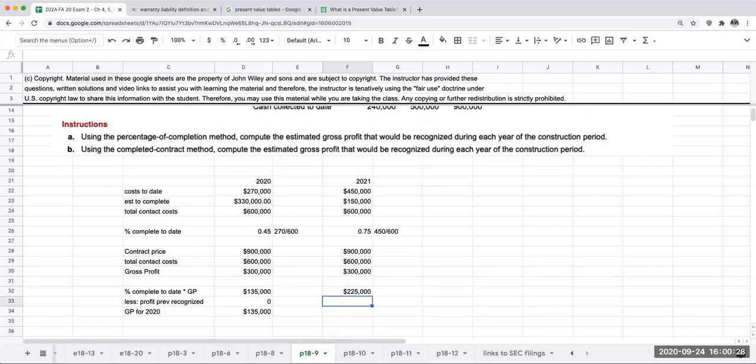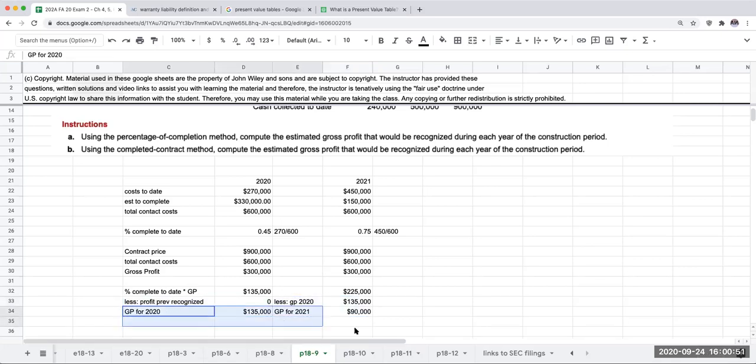However, I recognized profit last year. So over here, I'm going to say less gross profit from 2020. The amount I recognized previously was 135. So my gross profit for 2021 is going to be $90,000.